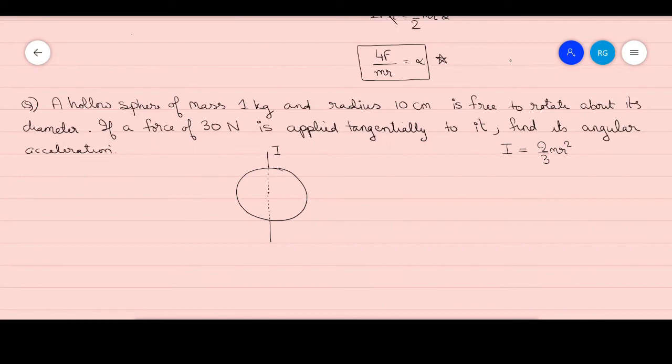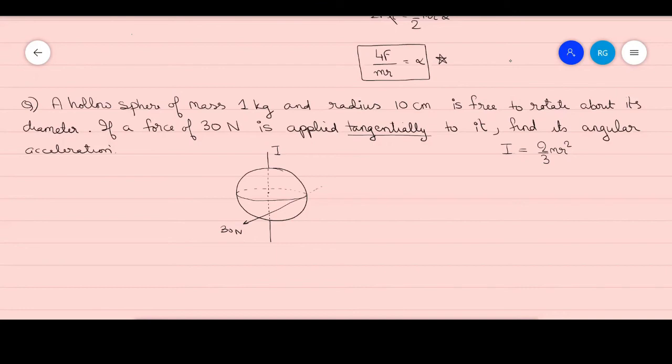Now they are saying that if a force of 30 Newton is applied tangentially to it, so what happens is, suppose there is a thread which is tied like this, and the force is applied in this direction, 30 newtons. So it is tangential.